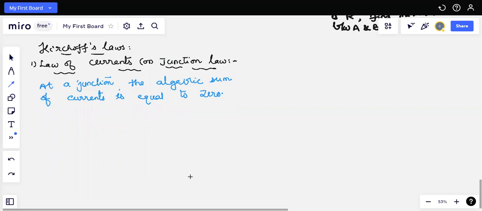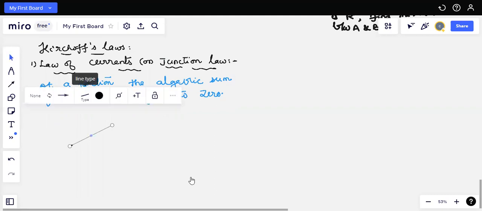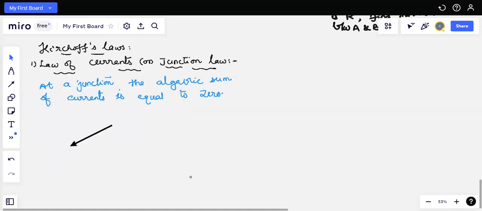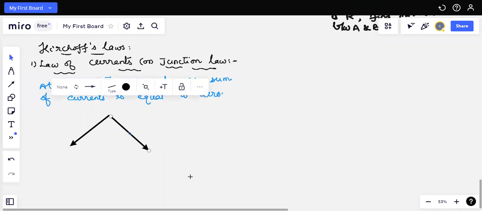I'm going to draw a line. This is one line taken here, and this is another line taken from there. This is another line taken here.